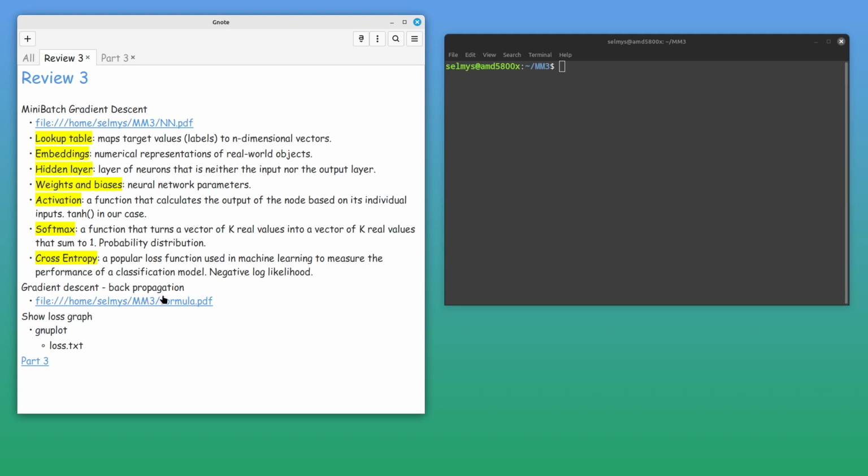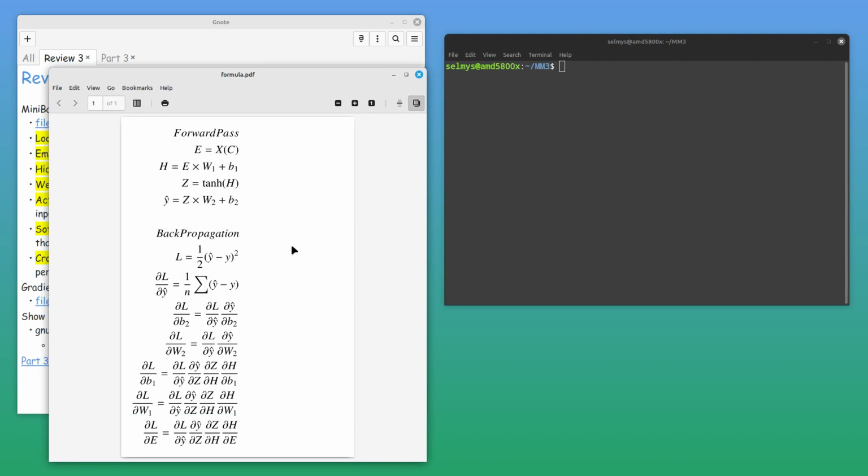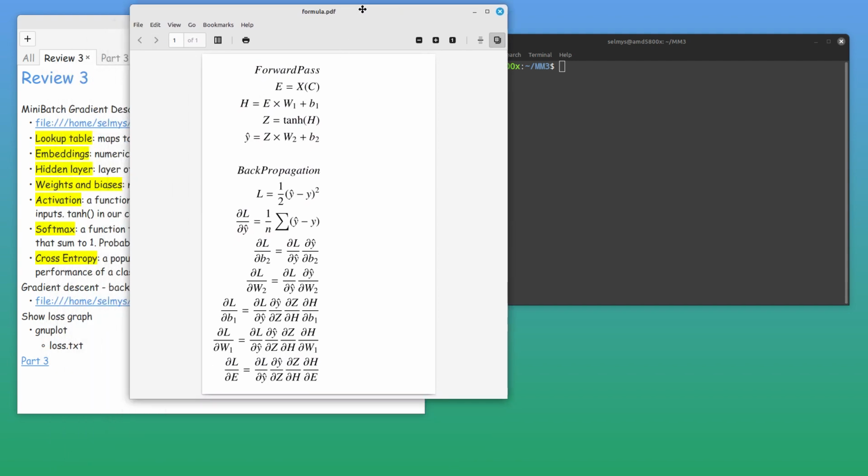And for gradient descent for mini batch, I just put up these formulas here. So for back propagation, we just go through with the loss with respect to our predicted values, loss with respect to bias 2, loss with respect to weight 2, loss with respect to bias 1, loss with respect to weight 1, and the loss with respect to our embedded table.